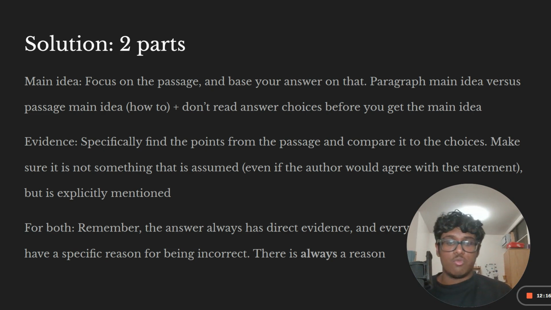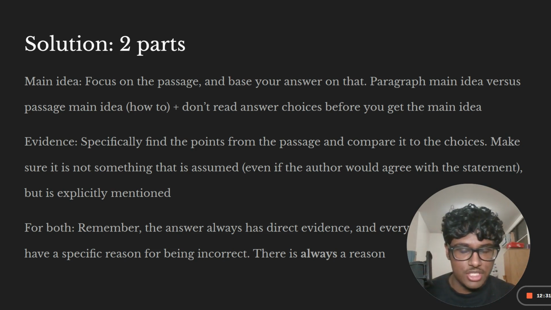And for both of them, remember that the correct answer is always going to have direct evidence. SAT reading is not going to make you do radical inferences where something isn't explicitly stated or heavily, heavily implied with all the specific details, right? If I describe a shop as having a bunch of people in it and a bunch of people doing different things, it's safe to assume that the shop is busy, right?